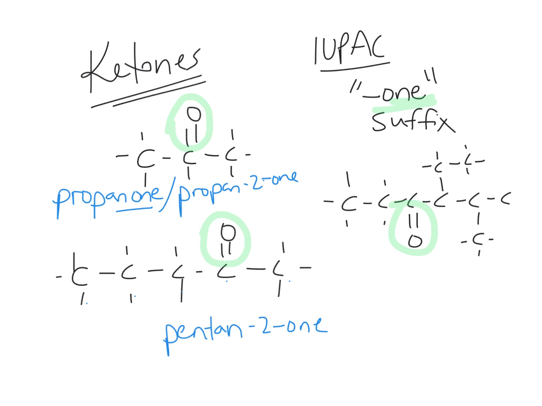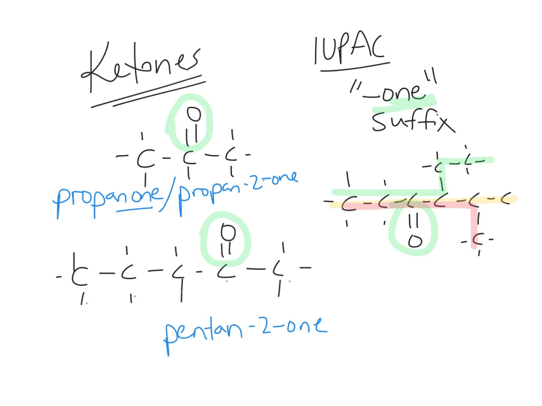For this last one down here on the right, we got to do a little bit of thinking. So what's the longest run of carbons? Well, you can identify this 6-carbon run as the longest, or you could identify this 6-carbon run as the longest, or you could identify this 6-carbon run as the longest. Yikes. So what do we do?